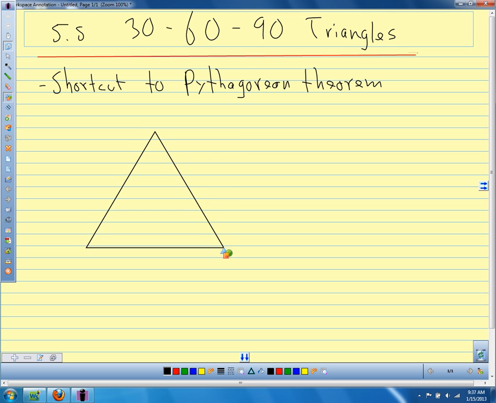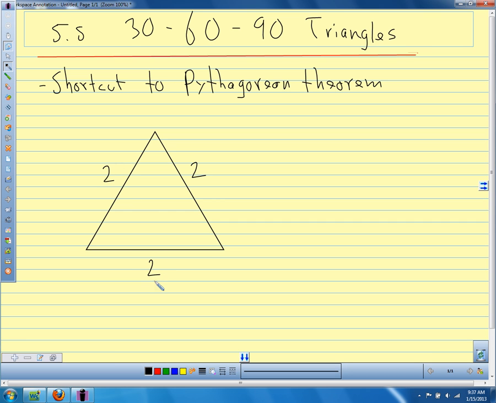Now we're going to do kind of the same thing that we did yesterday. So we're going to say that the side lengths of this equilateral triangle are 2. What are all the angle measures in an equilateral triangle? How many degrees?